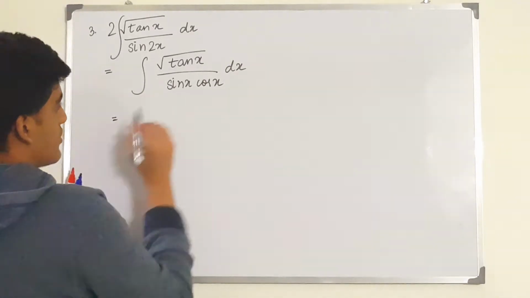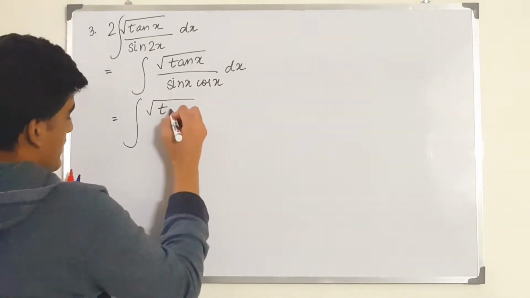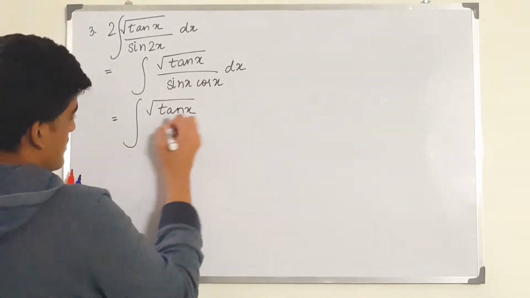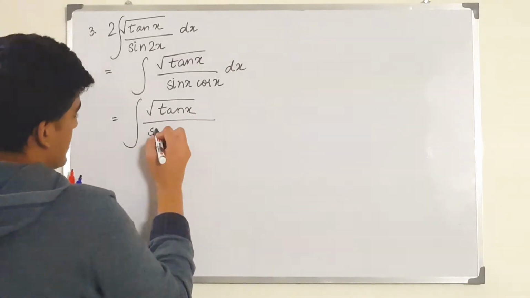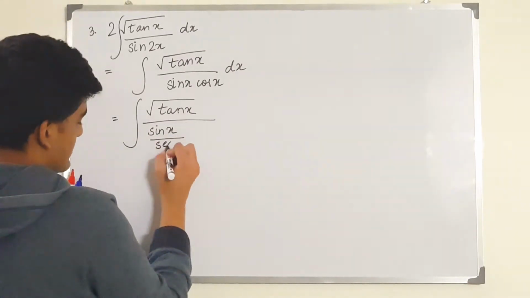First of all, we have a cos x. Now we can write this as sin x divided by sec x.